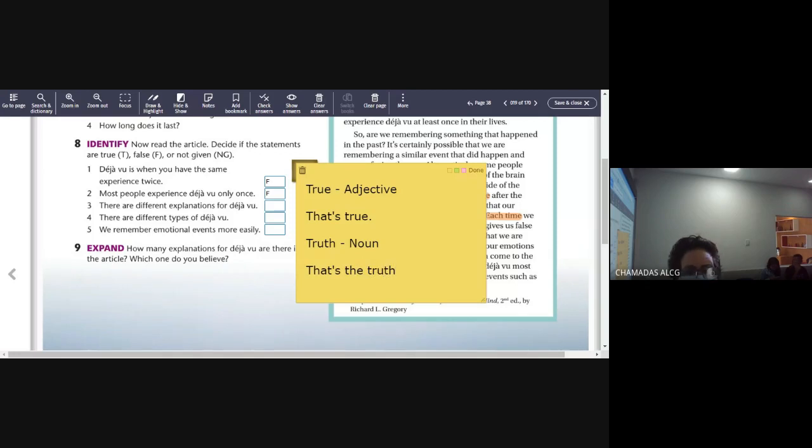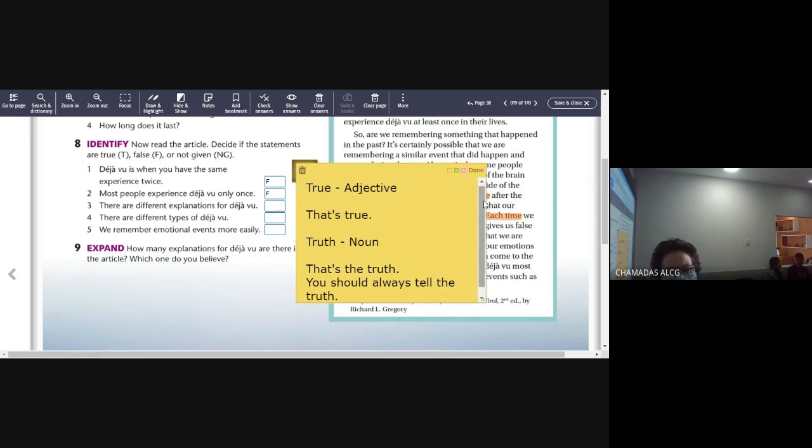I have to put an article here because truth is a noun, not an adjective. So you should always tell the truth. Another example, okay? You should always tell the truth. Do you tell the truth all the time? Okay?